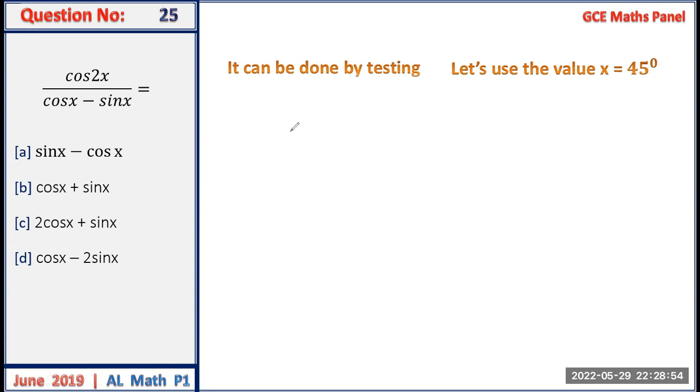Let us try this thing. So this gives us 2 cos squared x minus 1. Okay, no, not this. I understand now. So we are going to take cos squared x minus sin squared x, right?